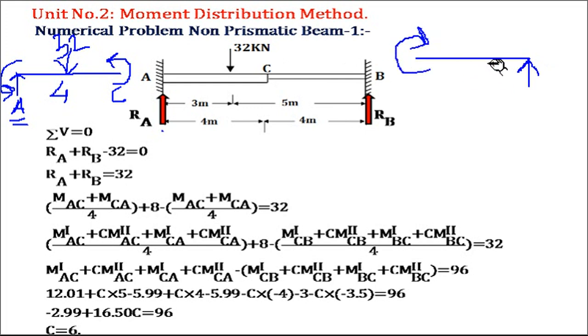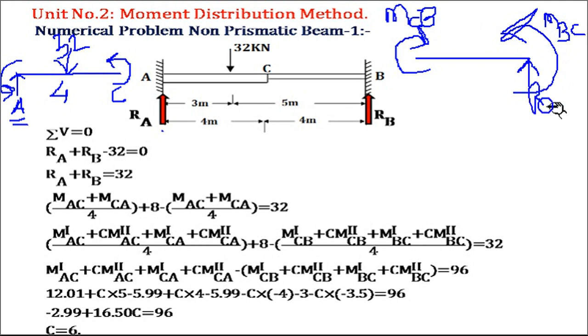We don't know how it is acting, but anti-clockwise is positive. So this will be MCB, and this will be MBC, and this will be RB. Now here our aim is to find out the value of RB.